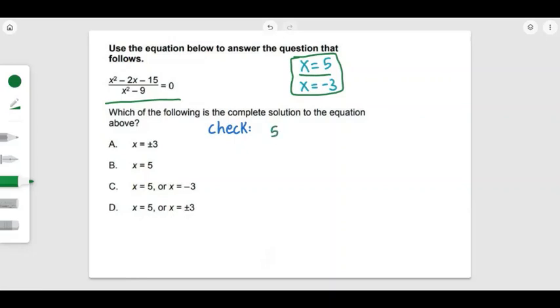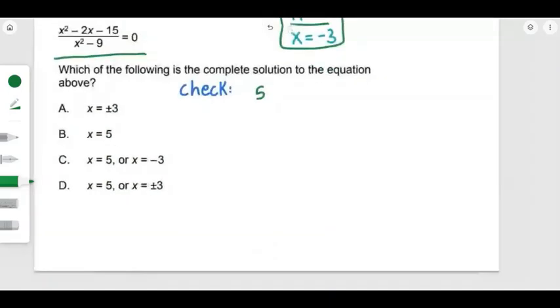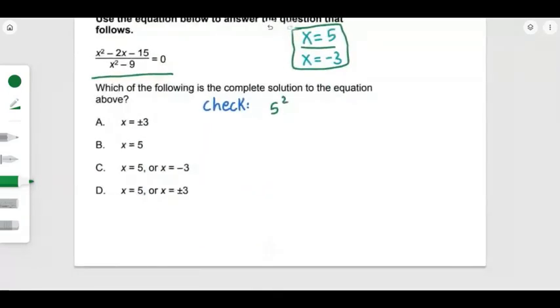So we substitute 5 for each x: (5^2 - 2 times 5 - 15)/(5^2 - 9) = 0. If you put all this in the calculator, it will give you a value of 0. As you can see, our solution is correct because it equals 0.